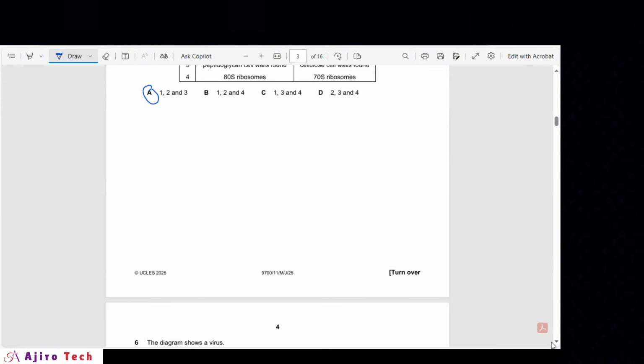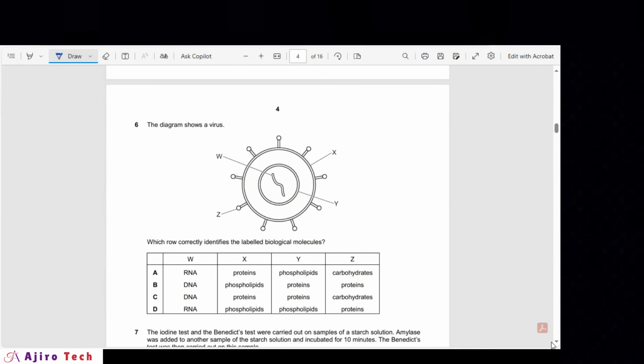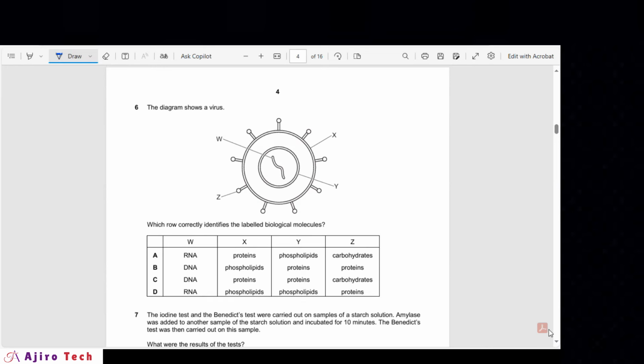To the next one, number 6. The diagram shows a virus. This virus looks similar to the HIV virus with a phospholipid envelope. This is a phospholipid envelope. This is a capsid made of protein. Then this is a nucleic acid.